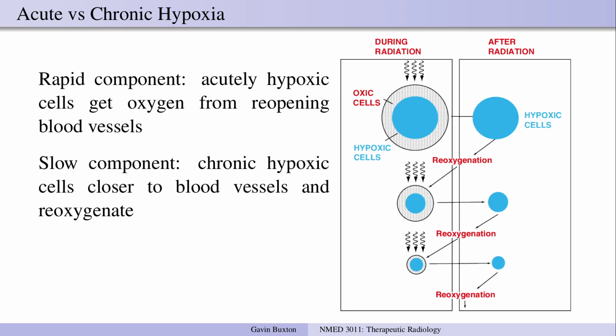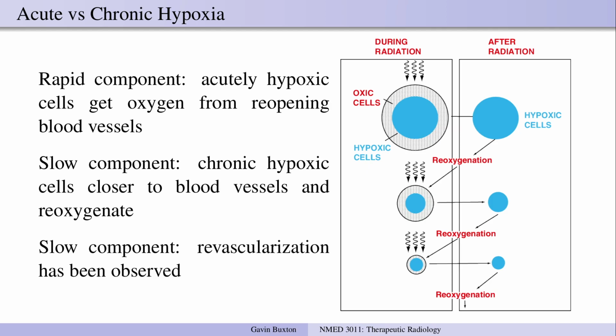Also, revascularization has been observed that might also reoxygenate these previously chronic hypoxic cells. With each treatment, therefore, the oxygenated cells are more likely to die, and the time must be given between each treatment for more of the hypoxic cells to become oxygenated.